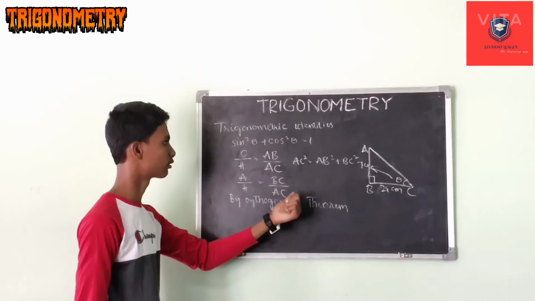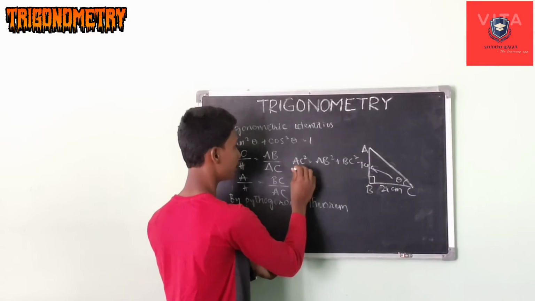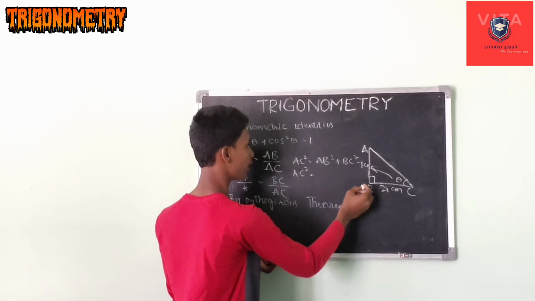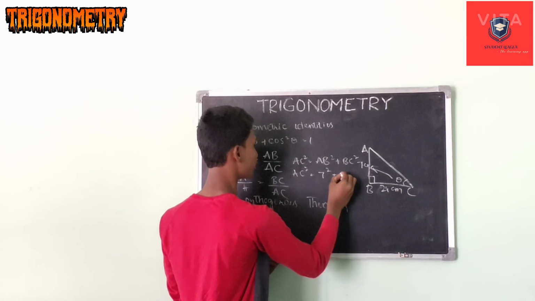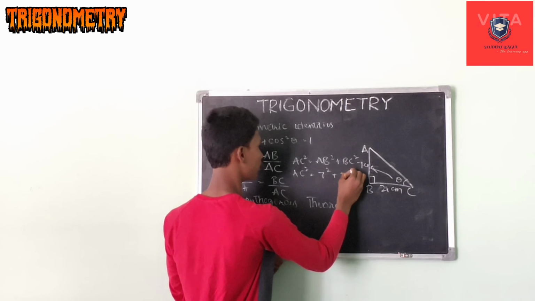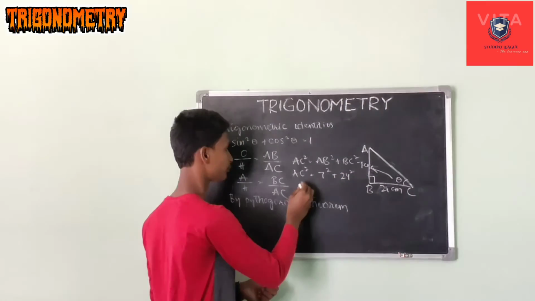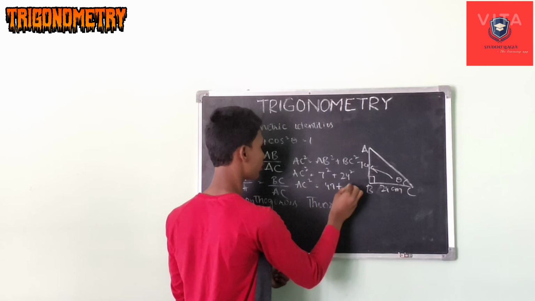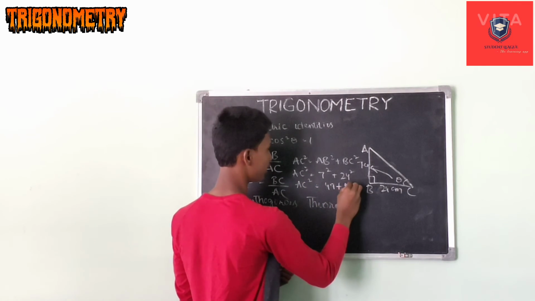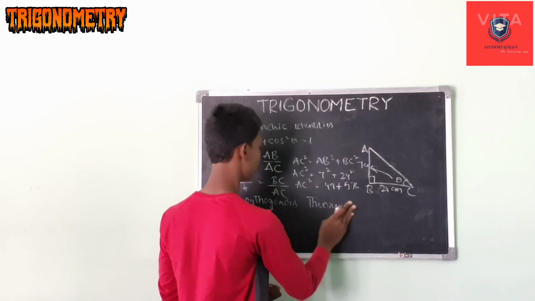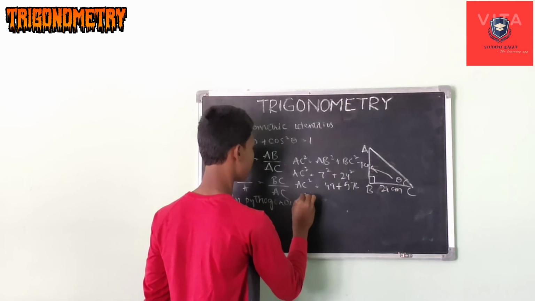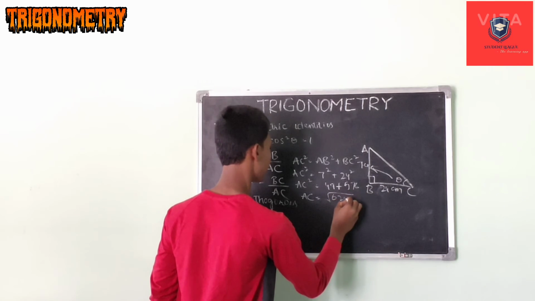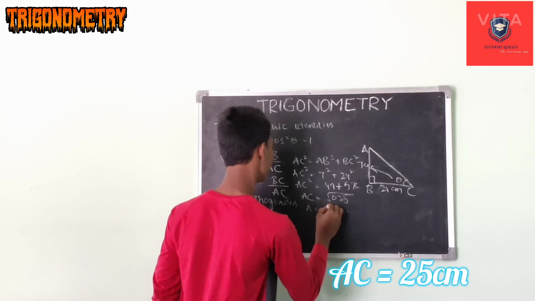We don't know AC, so we have to find it out. AC square is equal to 7 square plus 24 square, which is 49 plus 576. So AC is equal to root 625. AC is equal to 25 centimeters.